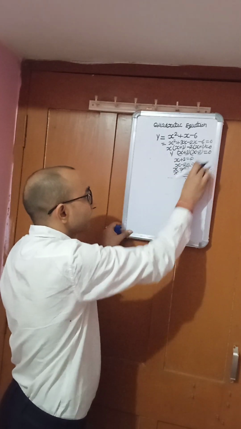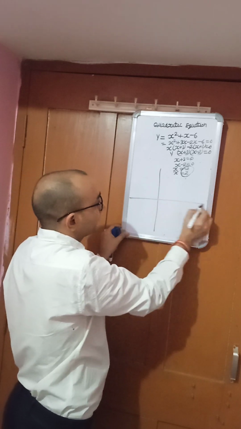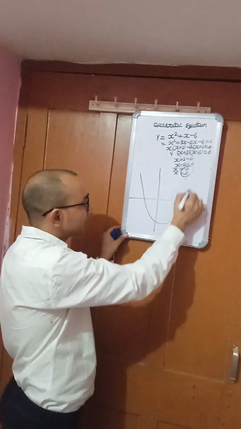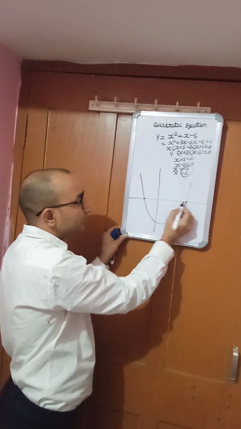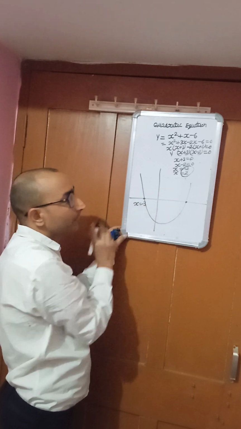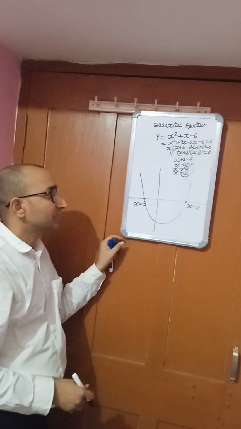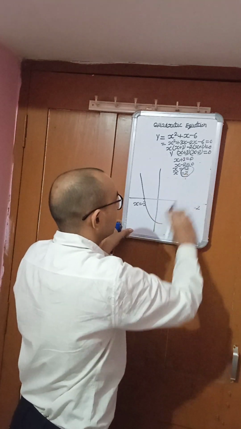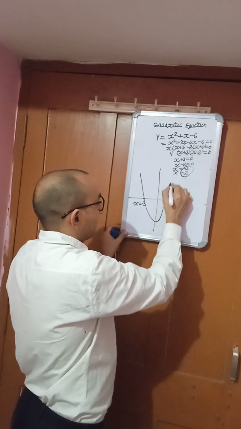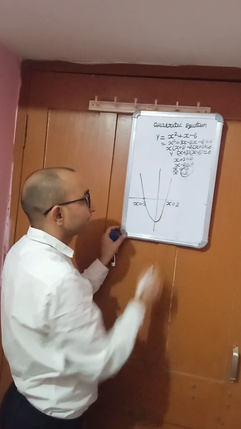So if this parabola is given here and it intersects the x-axis here and here, means here x equals minus 3 and here x equals 2.